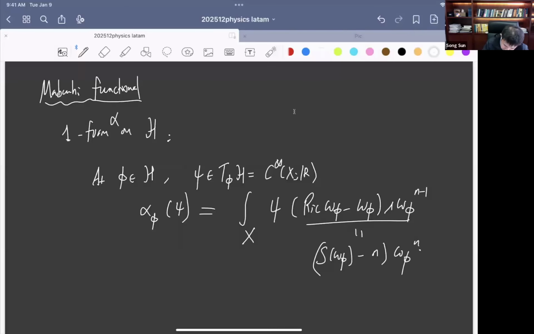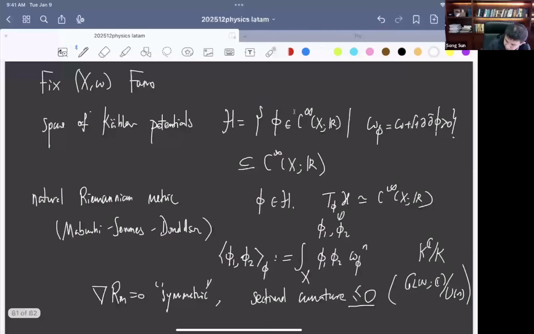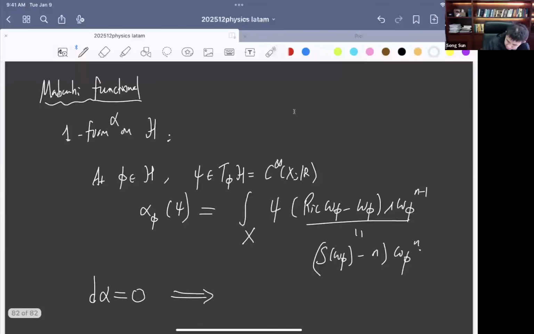So this is a one-form, and it has the property that it is closed, d alpha equals 0. This is what has to be computed. And because it is closed and this space is contractible, any potential, you can just linearly interpolate. H is contractible.